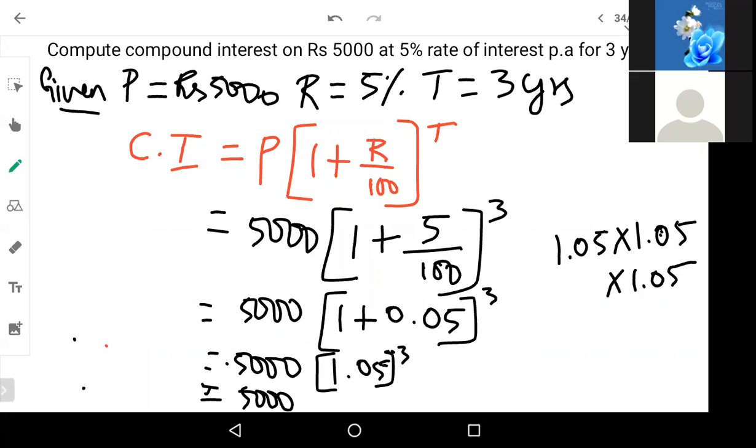So 5,000 into, what is the value you get? 1.05 to the power 3. 1.157625, correct. 1.157625.